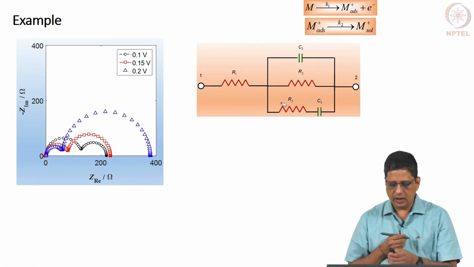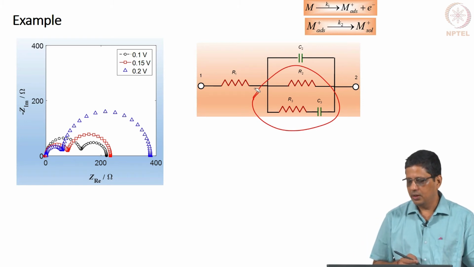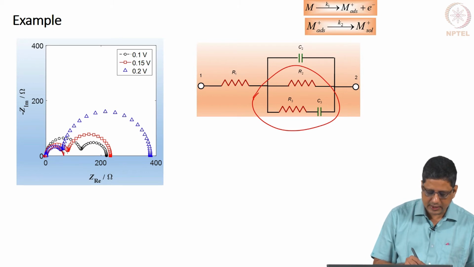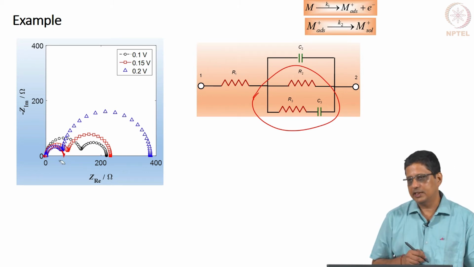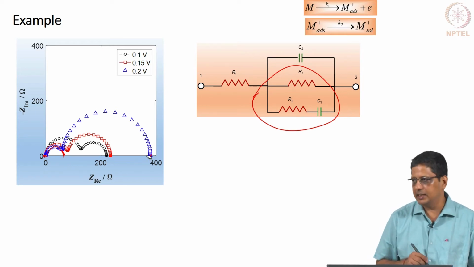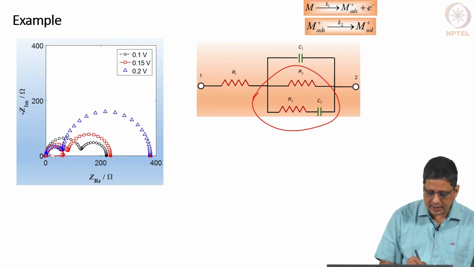Now, I can use the knowledge that this represents the Faradaic process. At infinite frequency, where this first loop hits is more or less where the charge transfer resistance is. The second loop hits the real axis here, that is where the polarization resistance is, because solution resistance is 0. Otherwise, I need to take the distance here, and that distance expressed as ohm or ohm centimeter square will tell me the charge transfer resistance.